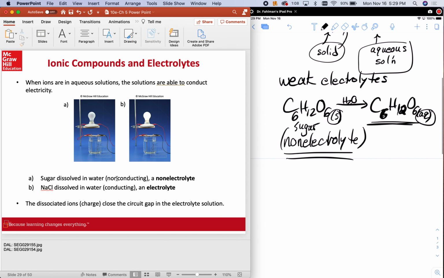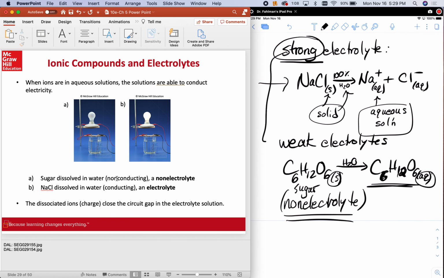So again, strong versus weak means how much of it goes into solution, like how much does it break apart, I guess is the best way to talk about it. So a strong electrolyte is 100% dissociated.